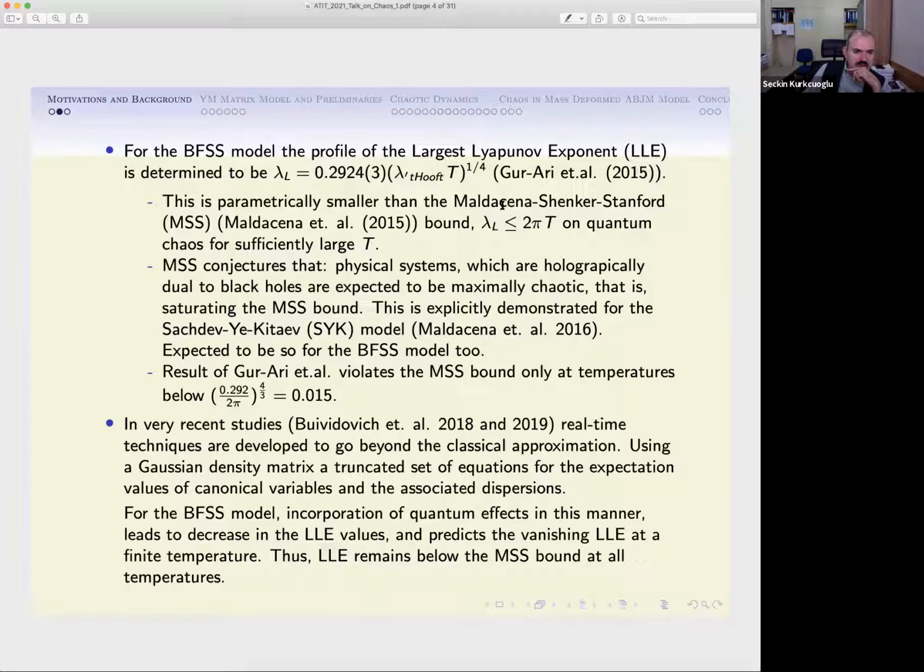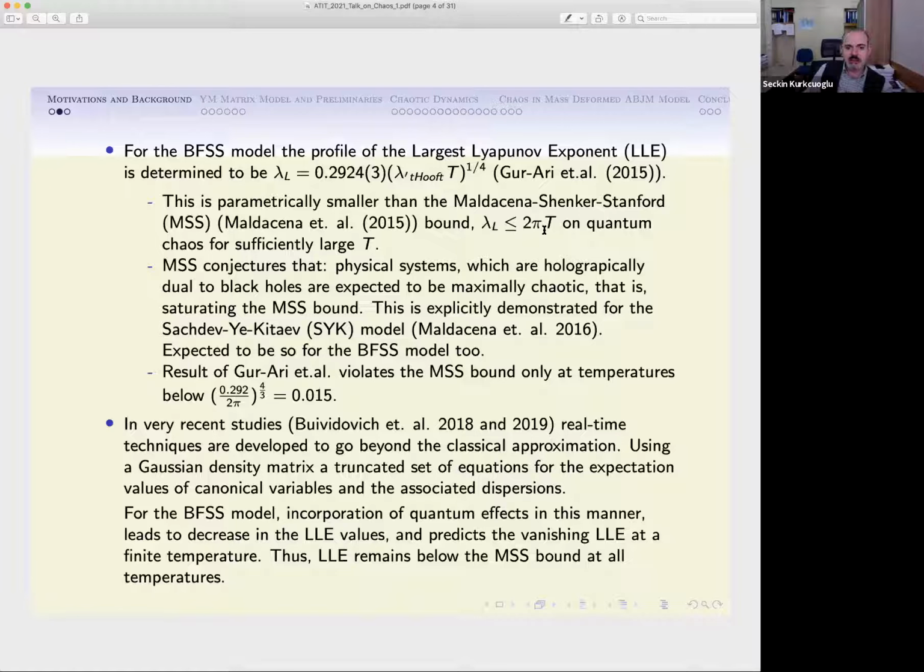This is the famous MSS bound on quantum chaos, which tells you that the quantum Lyapunov exponent is parametrically bounded by the temperature. So in all theories which are holographically dual to some gravity theory, that is their conjecture, and that is the proof they give in their paper.